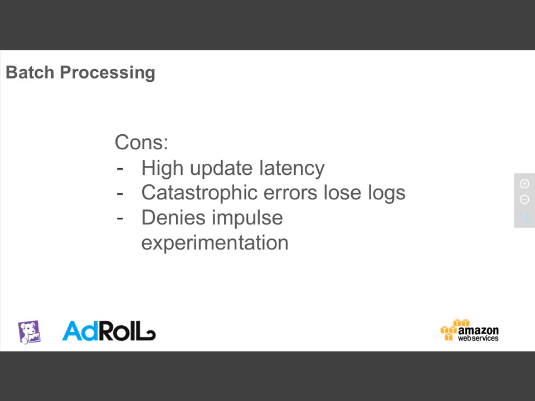And the fact that it's so high latency and it takes messing around with Hadoop to figure out what's going on in the system, it denies impulse experimentation. So it denies your ability to say, I have an idea, let me try it out. So that approach, while better than nothing, while better than sitting around and thinking real hard, was not ideal.